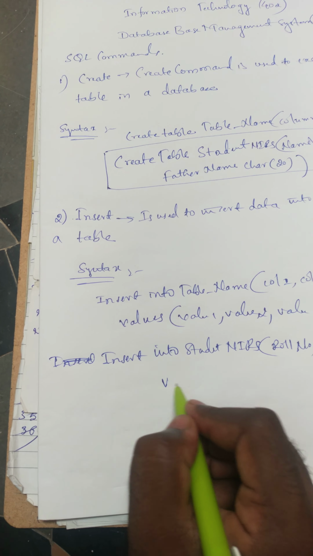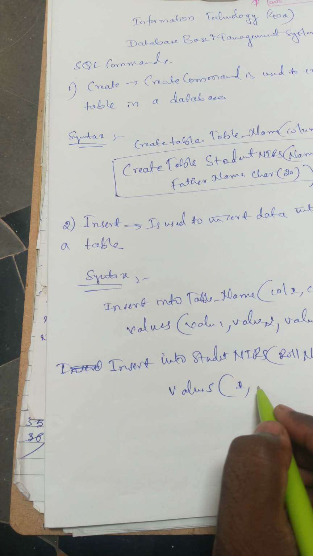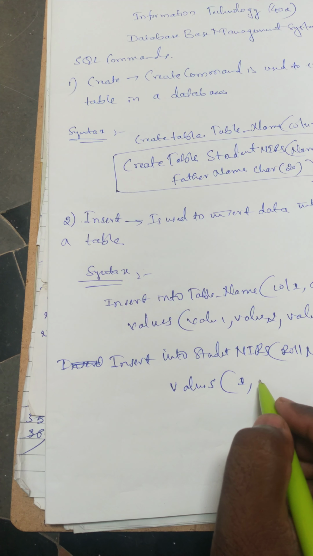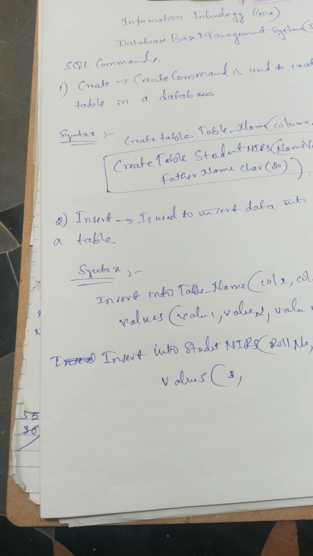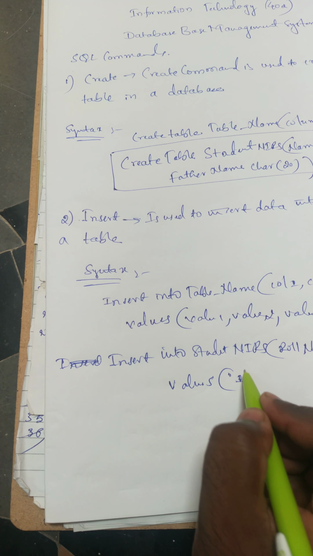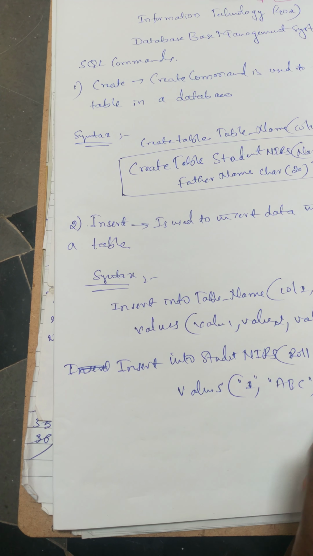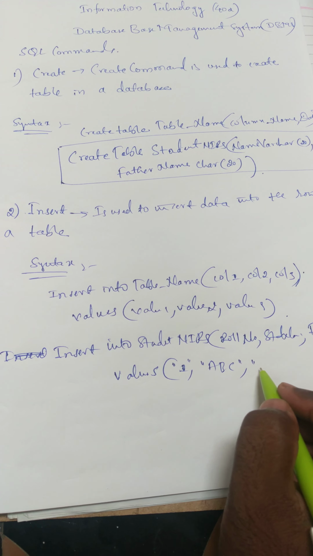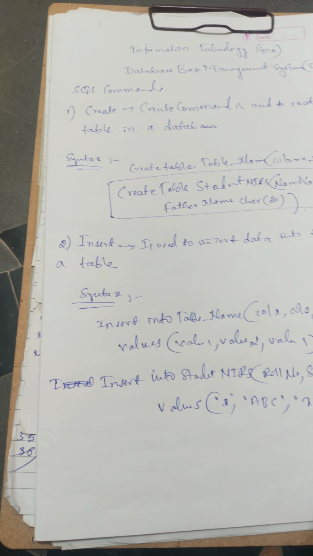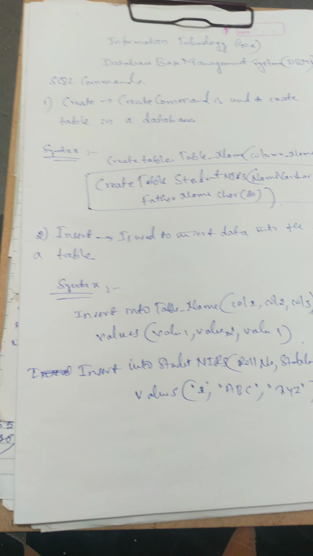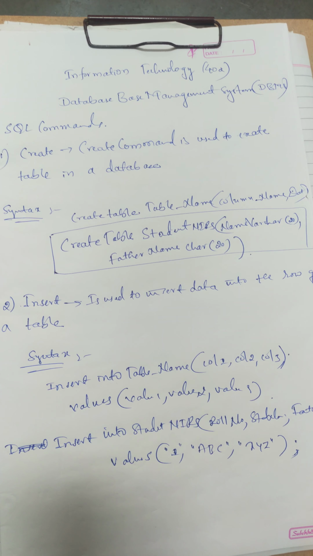And next, in the values you have to provide what is the roll number, 1 comma student name, and the student name you can apply in double inverted commas, ABC, comma, next the father name XYZ, right? So this is a command.